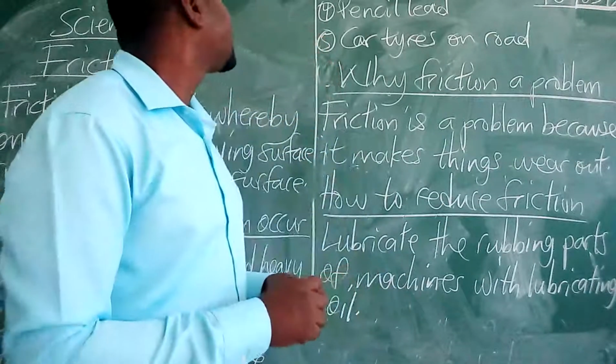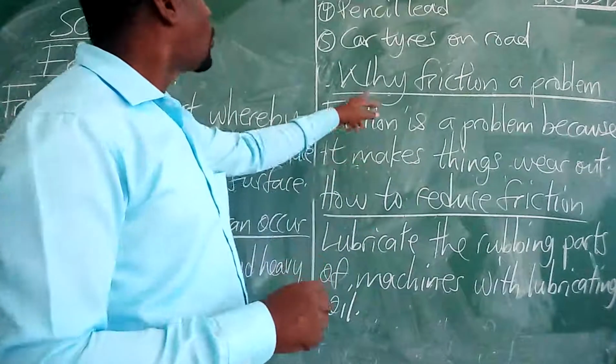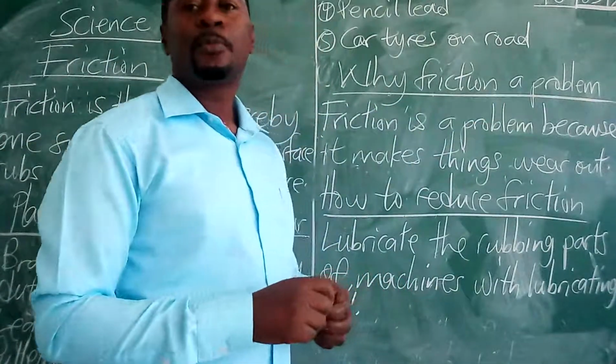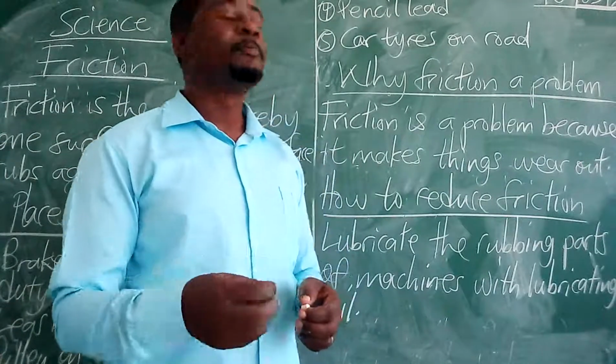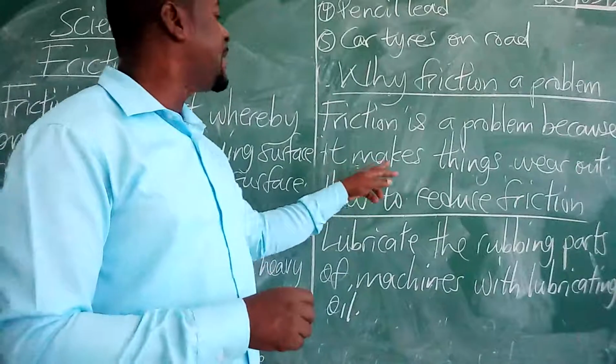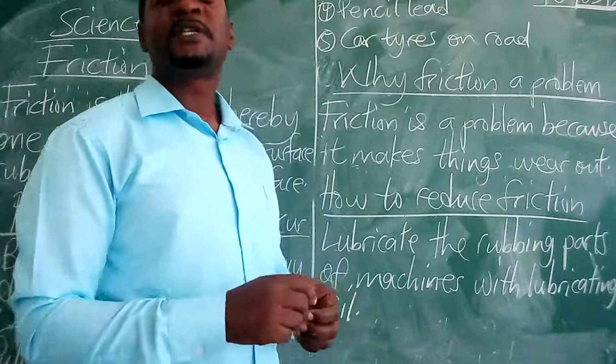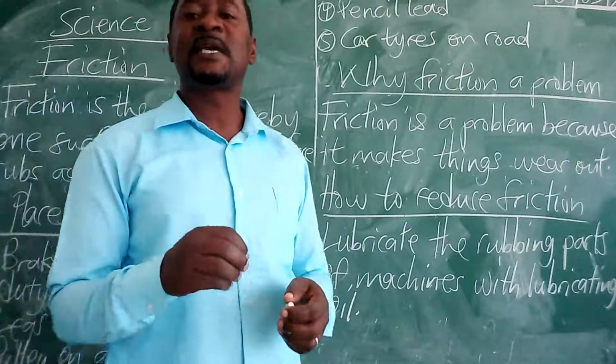Now let's look at why friction is a problem. Friction is a problem because it makes things wear out.